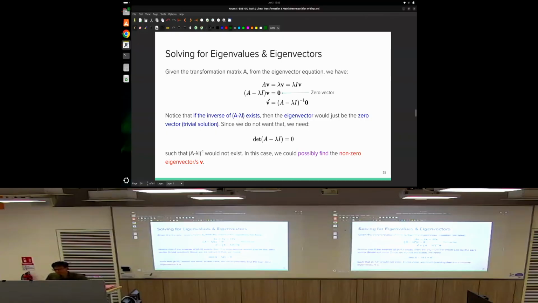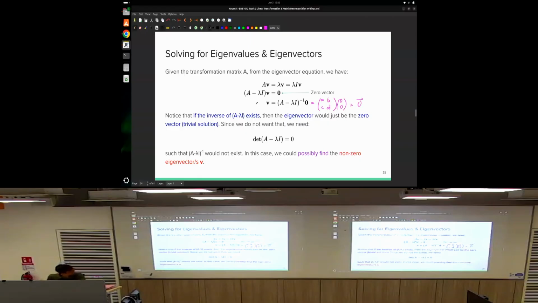Now the deal is, you want this eigenvector to exist, but the right-hand side is giving you a big problem: you multiply by the zero vector. If your inverse matrix exists, you take a matrix of constants, let's say a, b, c, d, times the zero vector, and obviously this gives you the zero vector.